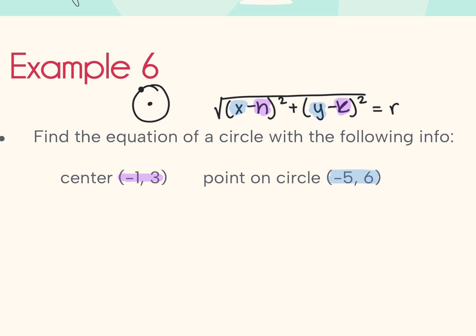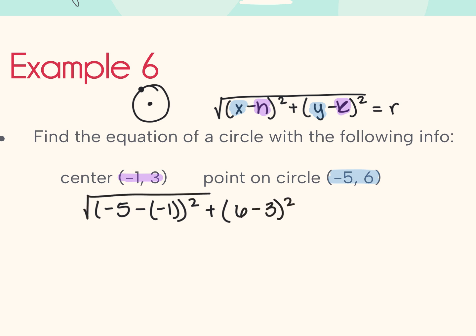So looking at it, plugging in what we have. My x is going to be -5, so I'm going to have -5 minus my h, which is -1. Keep in mind it's squared, plus my y is going to be 6 minus my k, which is 3, squared, and that's everything square rooted.